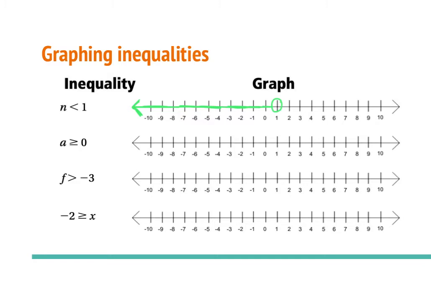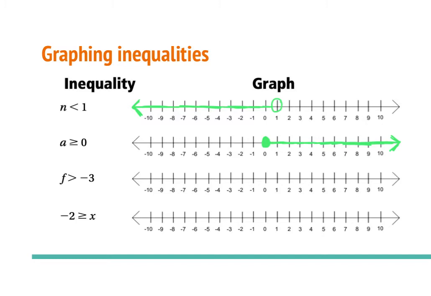Now a greater than or equal to 0. So let's find 0. Now, in this case, we are going to shade it in, so we're going to put a closed dot. Why? Because it's greater than or equal to, okay? And now a could be 1, a could be 2, a could be 3, a could be 4. It has to be greater than 0, so we're going to shade in this portion of the number line. Because remember, if a is greater than 0, a can be any number that's above 0.